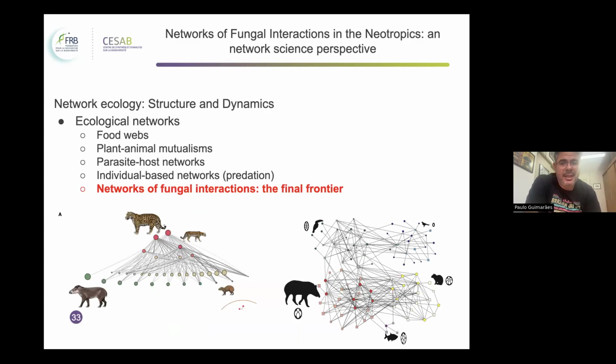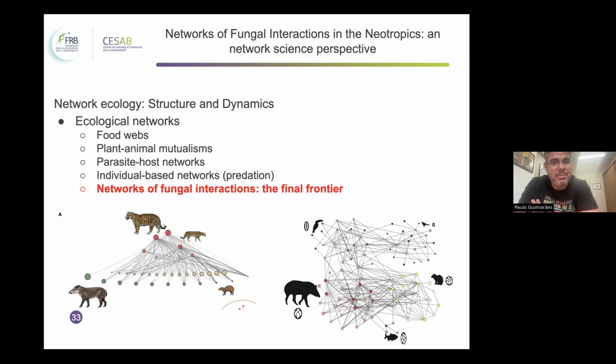And traditionally, ecological networks have been focused on a small subset of the ecological interactions. It starts with the studies of food webs, since the classical work by Joel Cohen, or even earlier by Elton and others. Then more recently, in the past 20 plus years, we have been studying a lot of plant-animal mutualism, especially pollination and seed dispersal networks, then parasite-host networks.